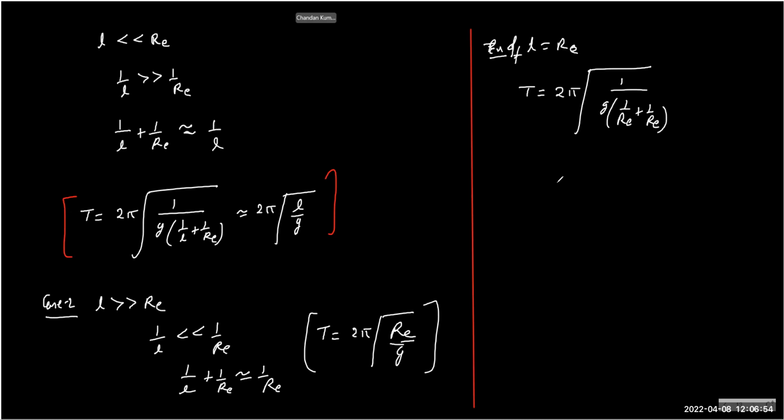Which is 2 pi under root RE by 2G. And so on, you can keep on solving. So these are two extreme answers, and then we can have any answer in between.